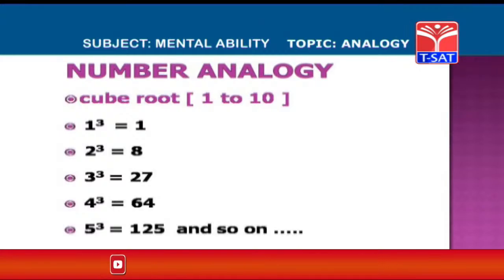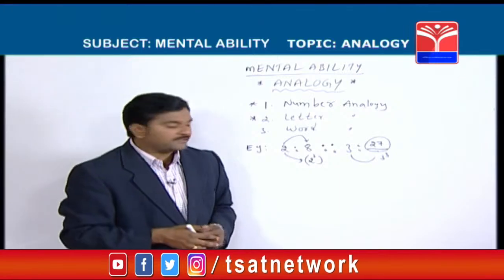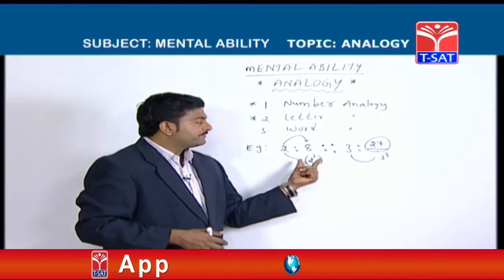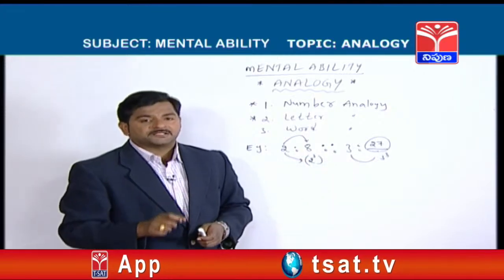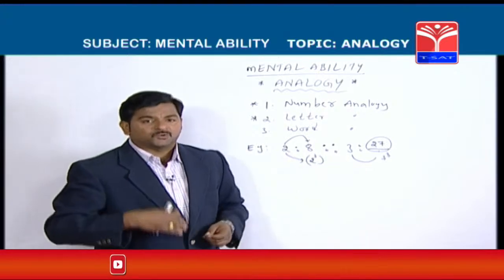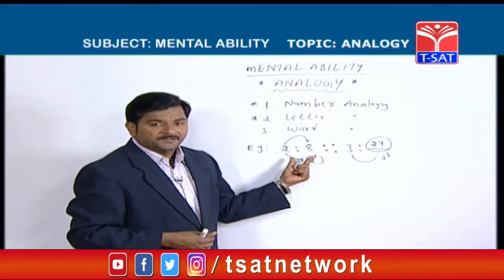This type of question is called an analogy question, and that too a number analogy question. Here two sets of numbers are given. This is one pair, and this is the second pair. These two pairs are separated by the symbol "is as". You need to think in two ways. First way is to apply the various concepts to pair 1.